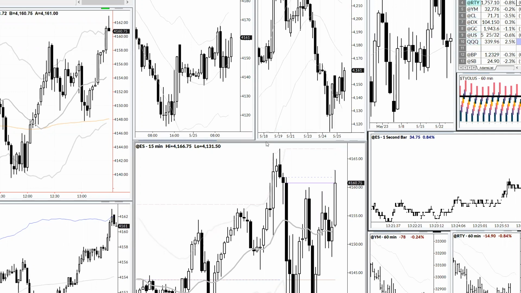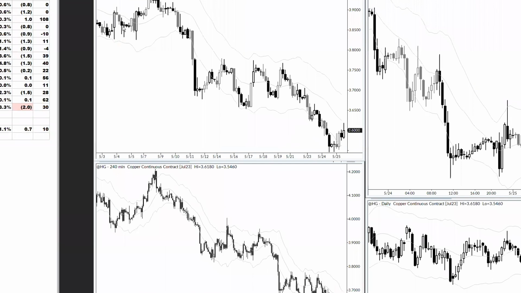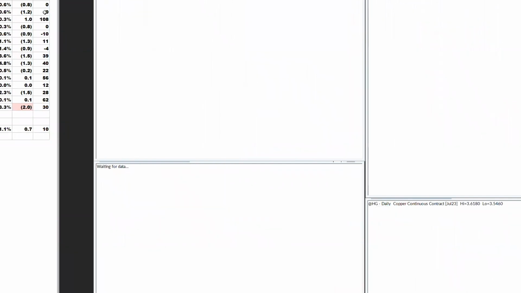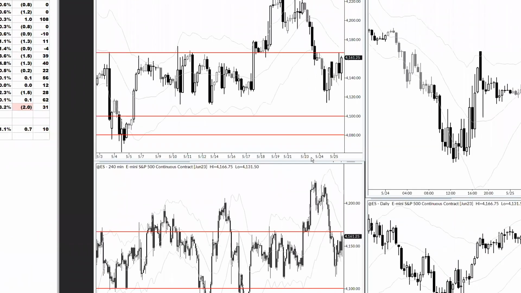These are charts on different time frames. What I'm looking for, basically, is with an awareness of support and resistance and where a market is, like the index futures here. This is the S&P in the lower left-hand corner. This is quite a bit of data on a 4-hour chart, and we're just back in the middle of a range.